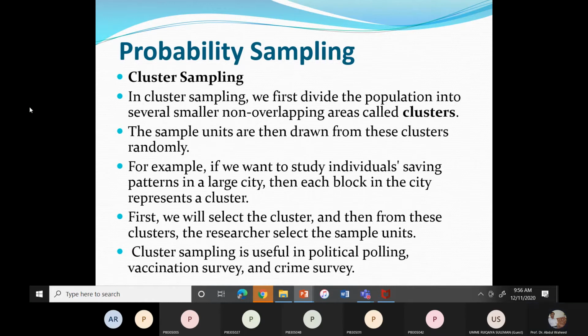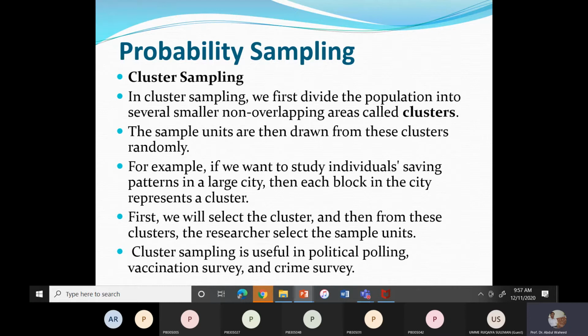So this means we have a population, and we divide the entire population into non-overlapping clusters. Like we have to get the data from Karachi city. We can divide this city into, suppose, districts: district east, west, north, south, central.